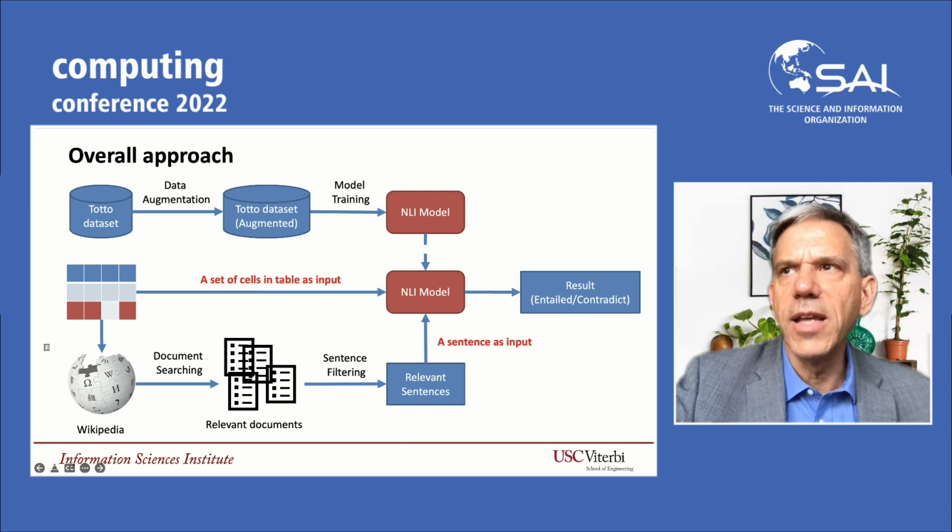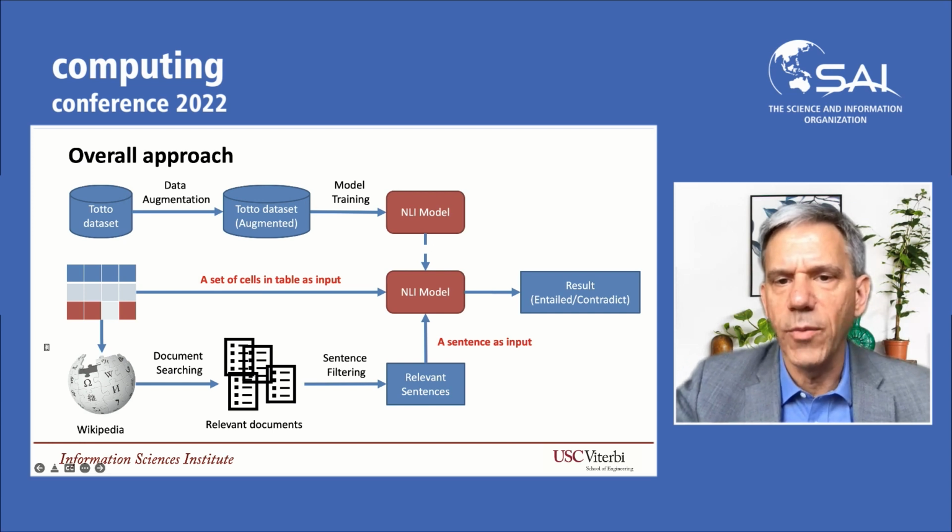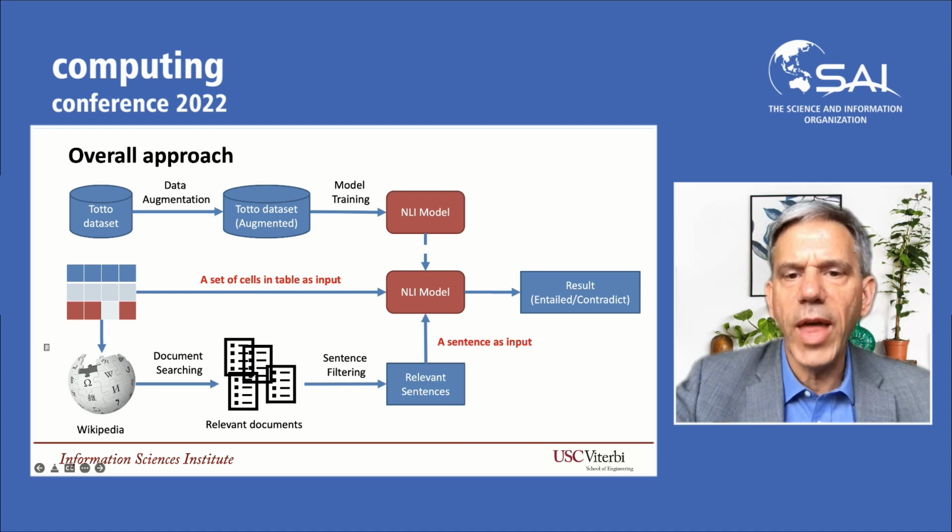This data set goes from table information to natural language information, right? It takes each row of a table and creates a data set that has the corresponding English sentence that would correspond to the information in that table. And so we can use all that existing data to train the model. So this NLI model is the model that gets trained.